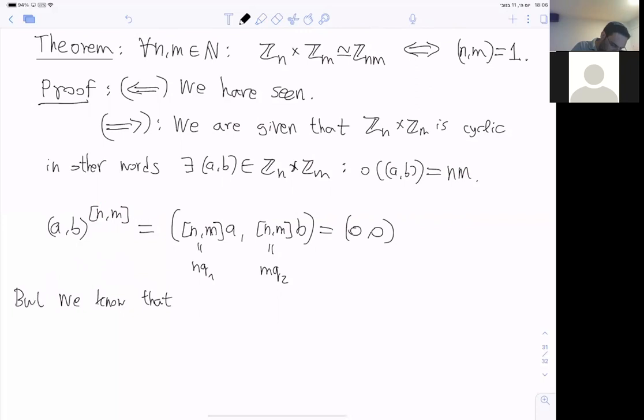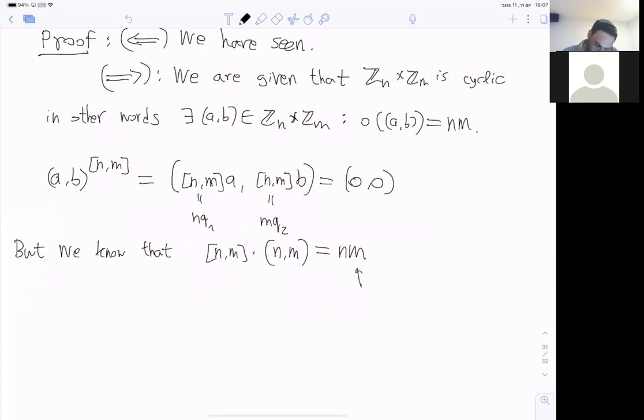We know that nm multiplied with, you remember we have shown that, and this is the order of this element, because it is a generator. So if this is the generator, this should be the minimal. And now we've seen that this also does the job.